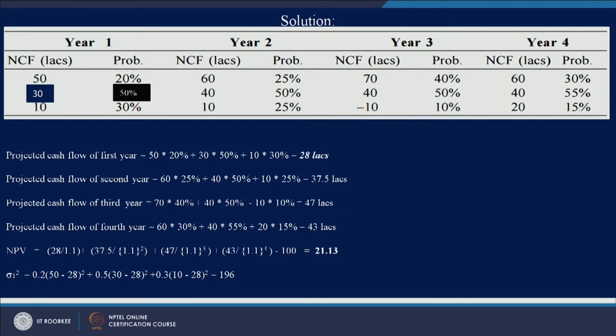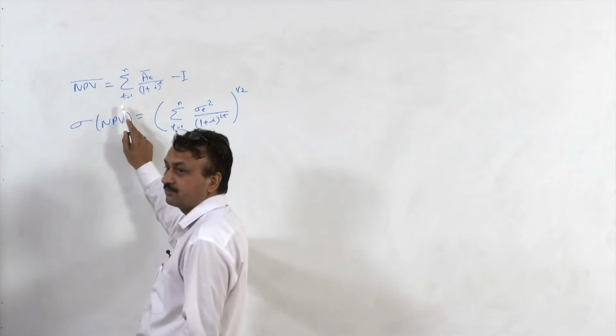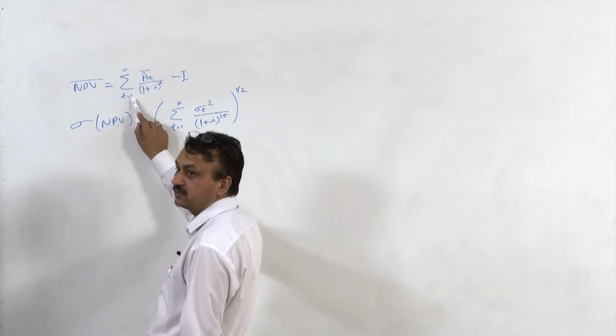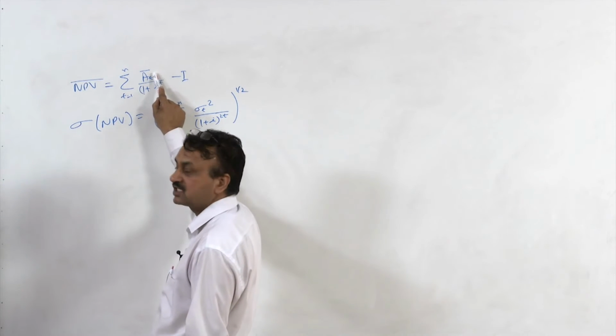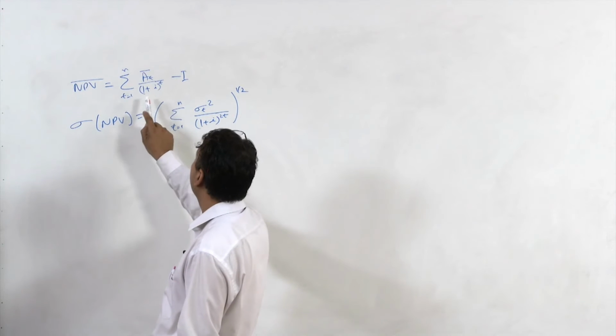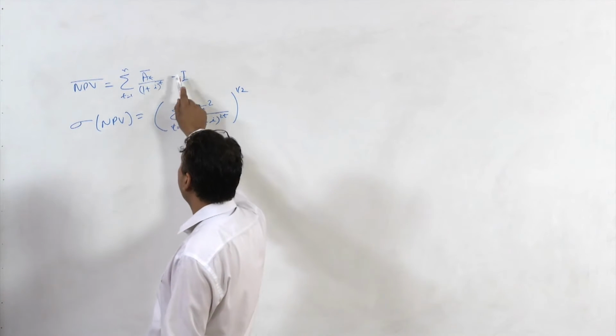Now, to find out NPV, the NPV of this project would be this. In fact, I have written a formula over here. So, the expected NPV is the summation over all the years t ranging from 1 to n, in this case 1 to 4, of expected cash flows divided by (1 plus i) to the power t, minus investment.